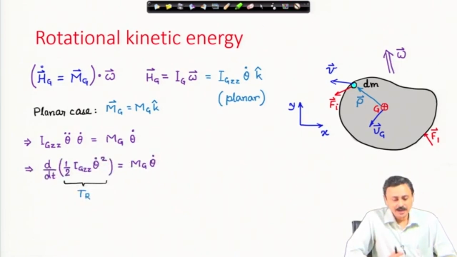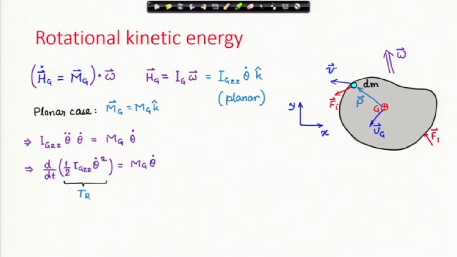Therefore, the left hand side I can write as d/dt of half I_Gzz theta dot square, which you will recognize is the rotational kinetic energy. The bracketed term is the rotational kinetic energy, and on the right hand side it is the power fed because of all the moments about the center of mass.